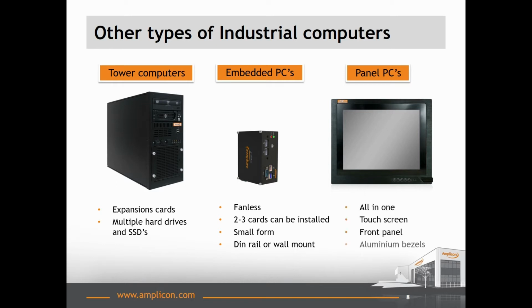Panel PCs are an all-in-one computer and touchscreen. Designed to be mounted on the front of a panel, these often have aluminium bezels to protect them and allow an operator local access to control equipment without the need for a desk.